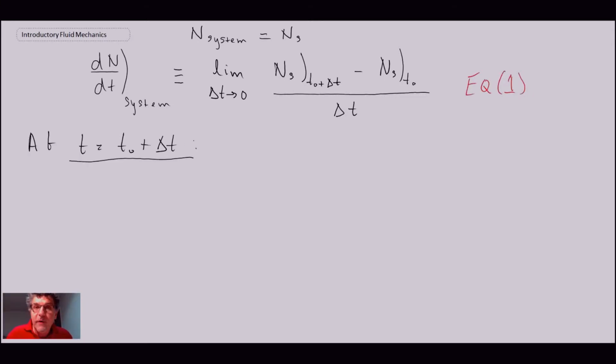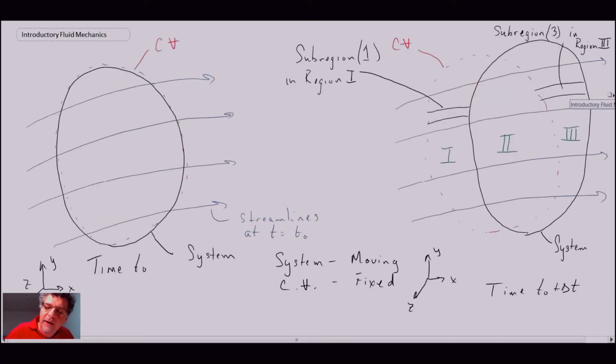I'm going to refer to our schematic in coming up with this expression, but we want to know what is contained within our system at t0 plus delta t. Referring back to our schematic, this would be the figure on the right-hand side. At t0 plus delta t, our system is defined by the black region that encompasses region 2 and region 3.